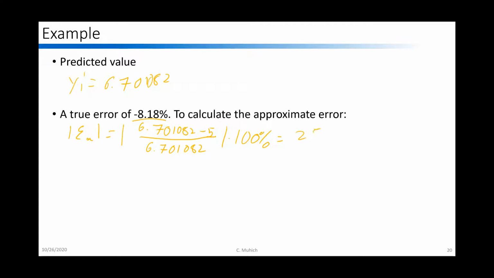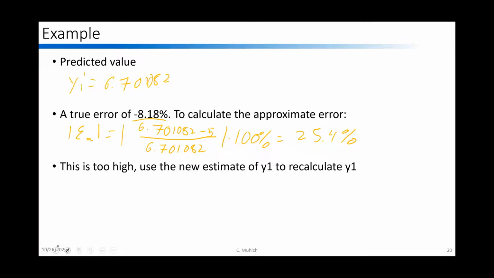This is a 25.4% error. This is way over that limit that we said we wanted to improve upon.